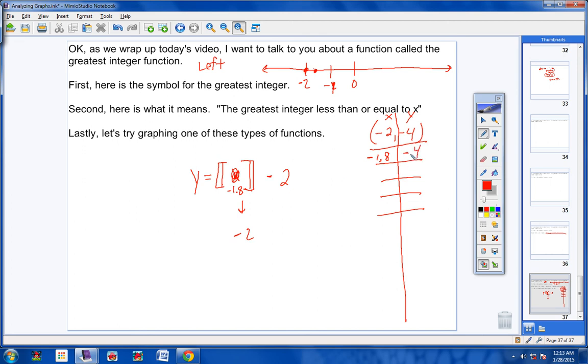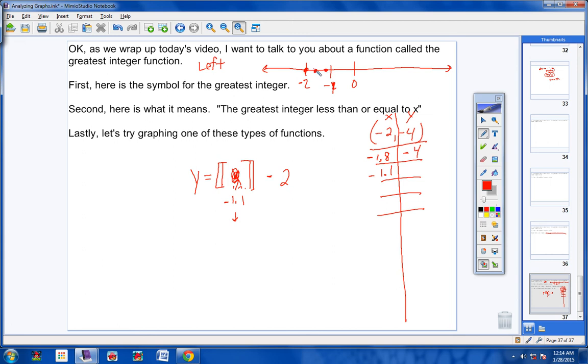So if you're thinking here, guys, anything that you put in between -2 and -1 is going to come out -2. Let's put in -1.1. Okay, so if I put -1.1 into this box right here, what would have to come out? Where's -1.1? You always go to the left.